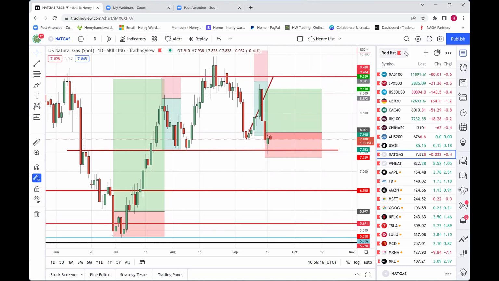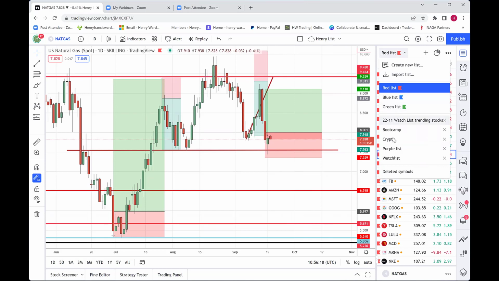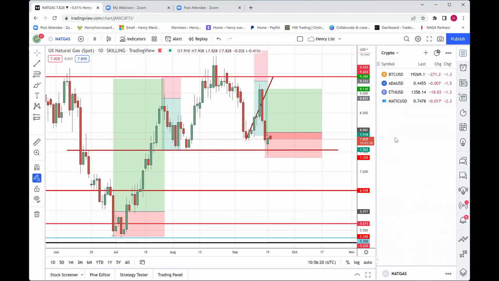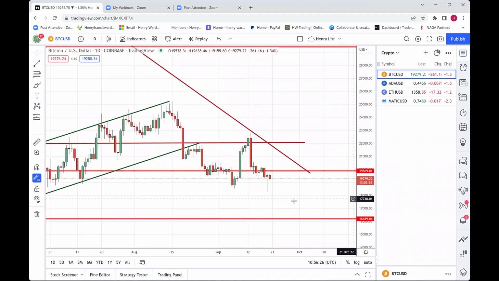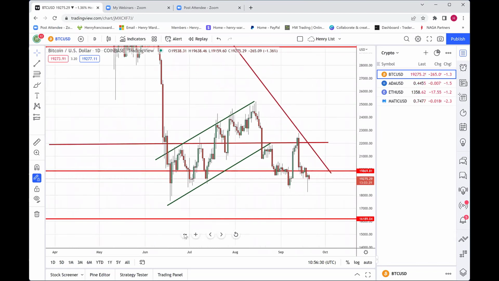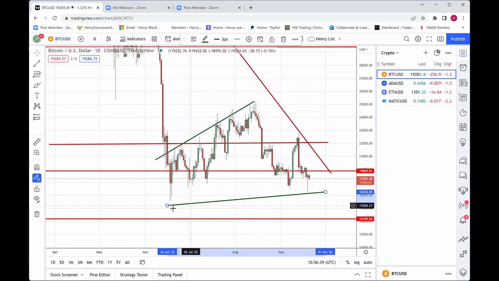I know I haven't done this in a little while, so let's have a quick look at crypto. Let's have a look at BTC. So anyone who's been trading crypto over the last couple of months, you've been crying your eyes out.